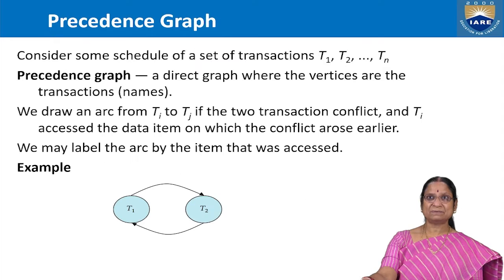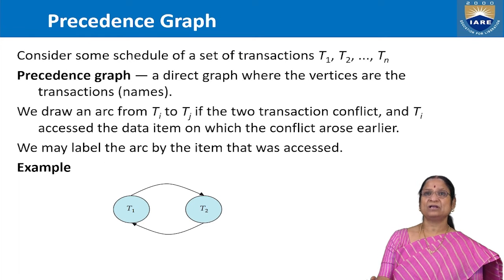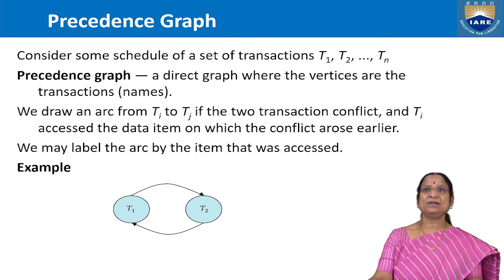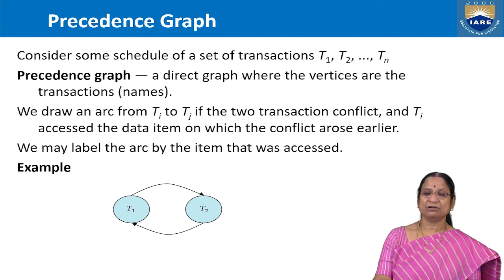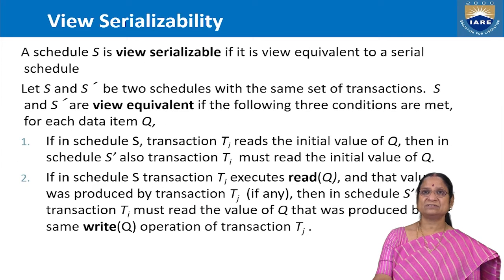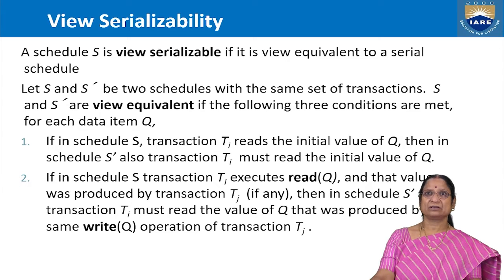The purpose of the precedence graph: if a cycle forms in the precedence graph, then it is a conflicting schedule. We cannot have equivalence; some instructions are in conflict.